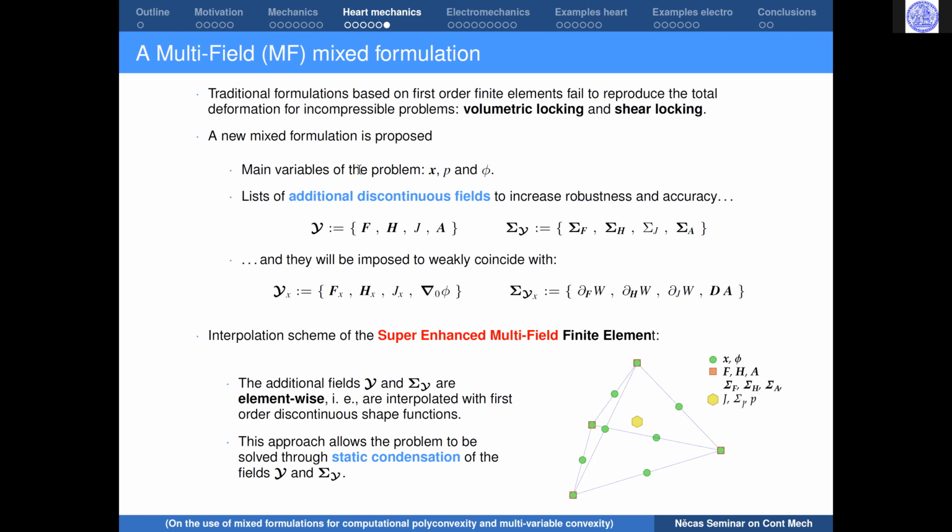So we used advanced finite element technologies, where we discretize not only for the displacements and for the electric potential, but also for the pressure, in case you're dealing with a tissue, like in this case, which is nearly incompressible. Or we could even go for other techniques where we discretize also for the deformation gradient F, the cofactor, the Jacobian, even the gradient of the electric potential.